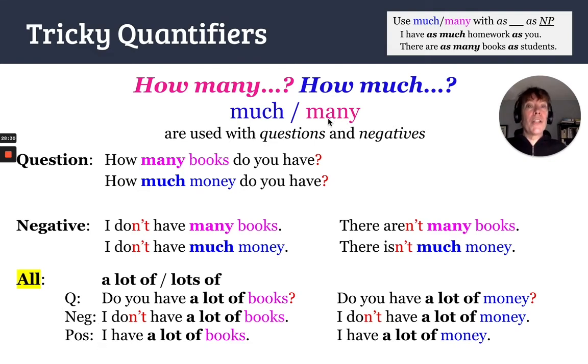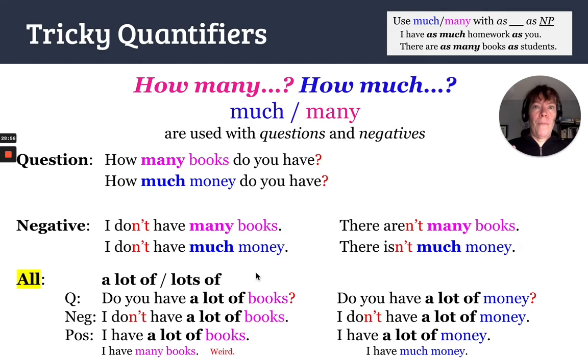If you want to use much and many, you would say, how many books do you have? Answer, I have a lot of books. Not, I have many books. It's not wrong, but it is weird. It sounds very, very posh. I have many books. You sound like the Queen. Too formal.